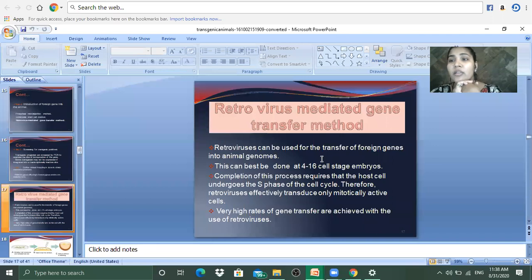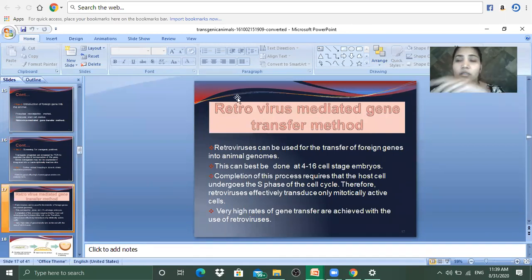Especially if you are going to genetically modify an animal or organism for food purposes, or anything humans are going to use, you might not want this method to be used. That is the most important disadvantage of retrovirus mediated gene transfer.